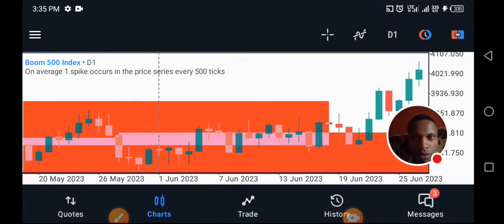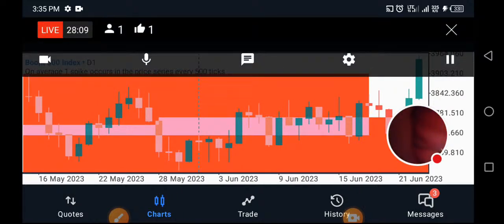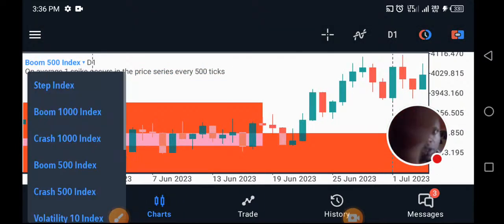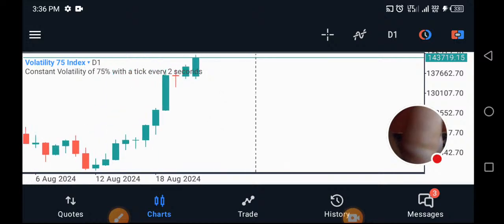Let me look for another market to explain this better, because this Boom 500 will not be able to capture. Let's look at VIX 75.